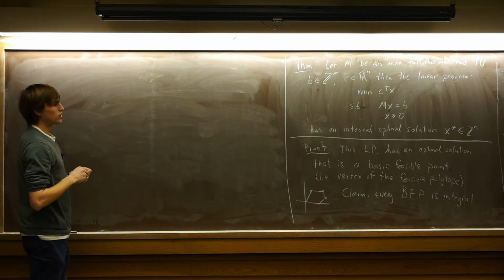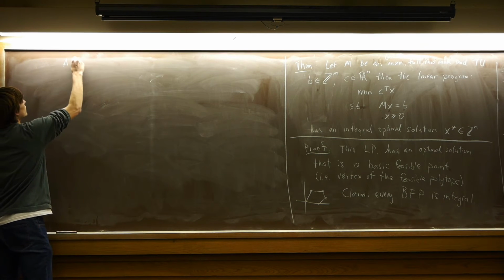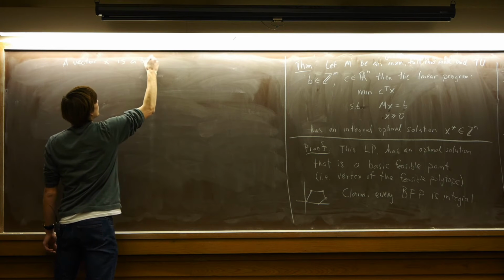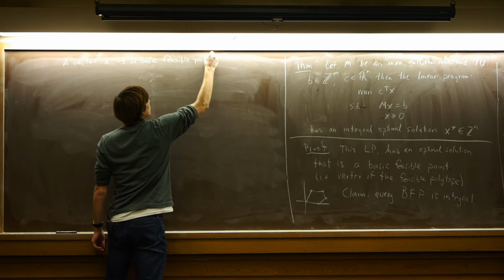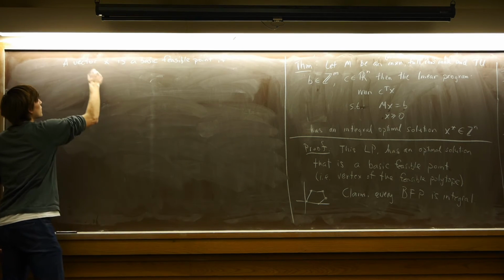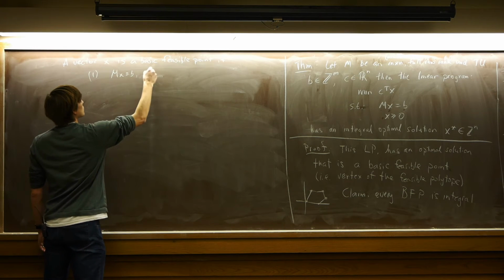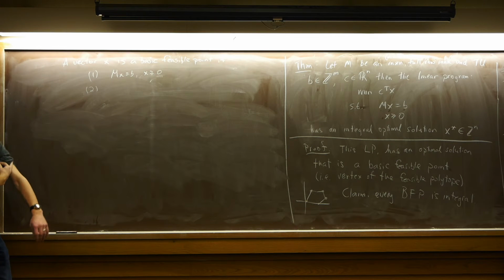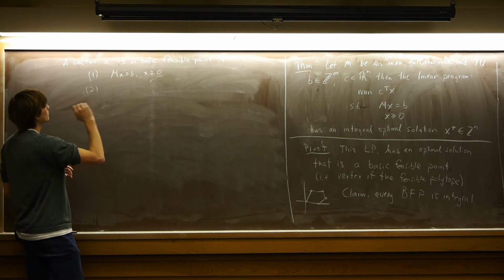So what is the exact definition of a basic feasible point specifically for this? So a vector x is a basic feasible point if three things have to hold. First of all, it has to be feasible. Okay, but beyond that, we're also saying that this vector, whatever it is, has at most m, which is the number of rows, non-zero entries.